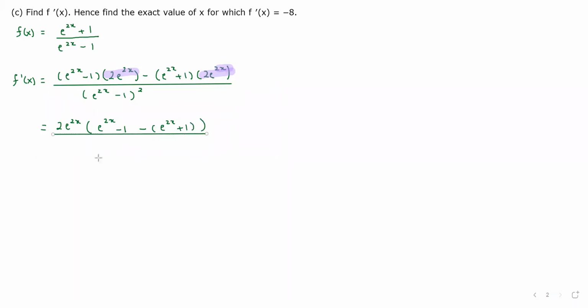Denominator stays, and we can simplify the numerator now. So we have 2e to the 2x, e to the 2x minus 1, minus e to the 2x minus 1.